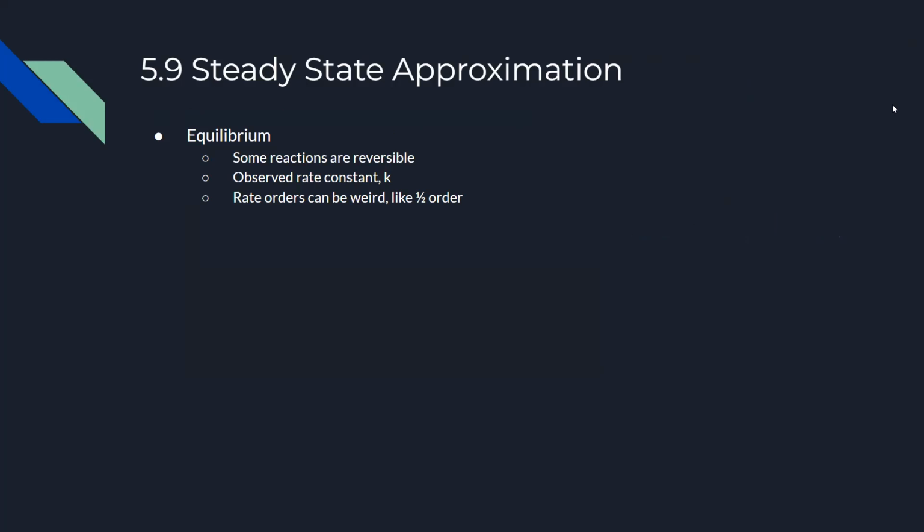Equilibrium is when some reactions are reversible, and there's a symbol that denotes it, which is basically like this. That just denotes that the reaction is reversible. And the observed rate constant is k.